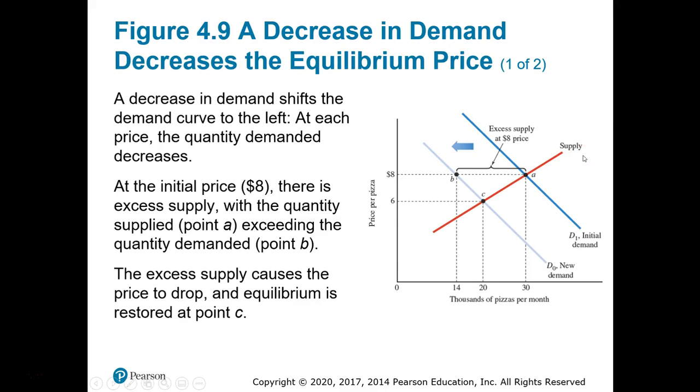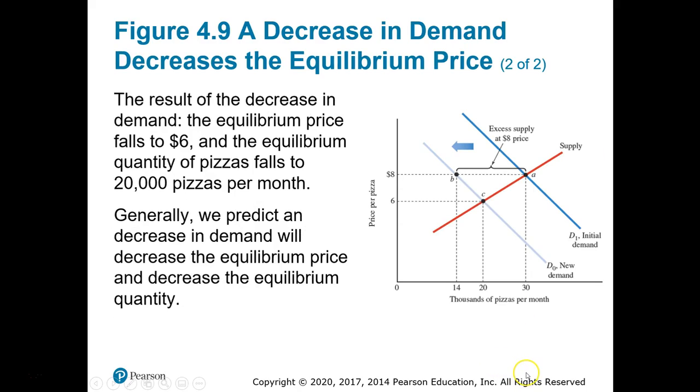Went from 30, now I can't afford 30, I only want 14. That's not good enough? Fine. Drop the price to $6 and I'll buy 20. Equilibrium.